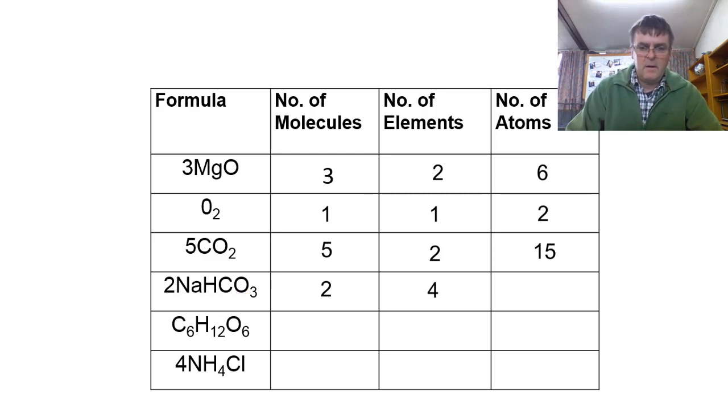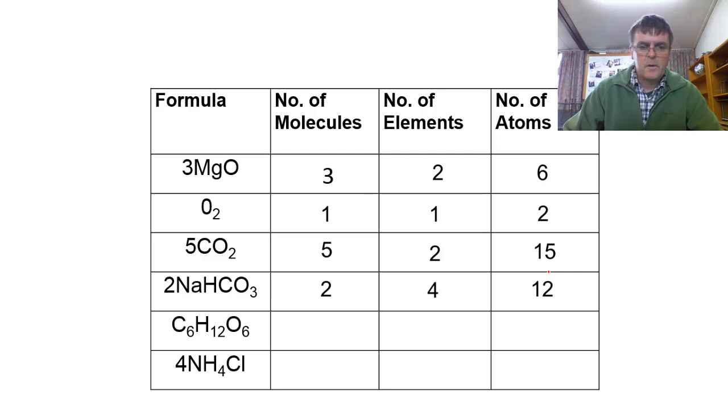How many atoms altogether am I going to have? There's a couple of sodium, there's a couple of hydrogen, there's a couple of carbon, and there's 2 lots of 3 oxygens makes 6. And what does that all add up to? Should be 12. So we've got 2 of them, 2 of them, 2 of them, plus 6 of those equals 12.